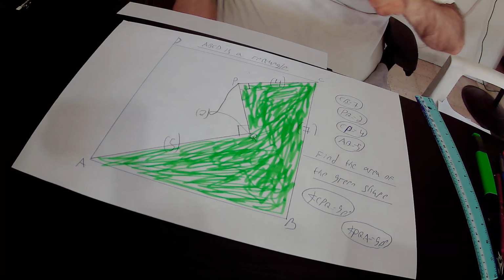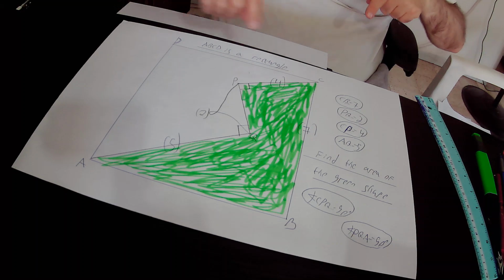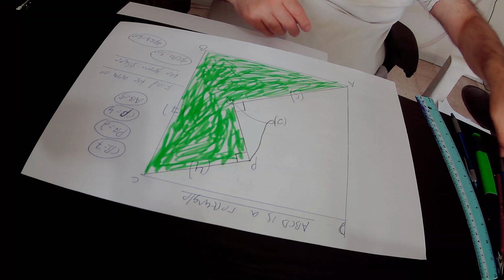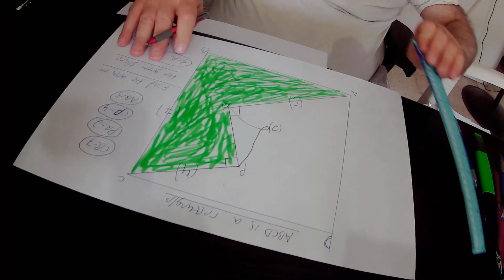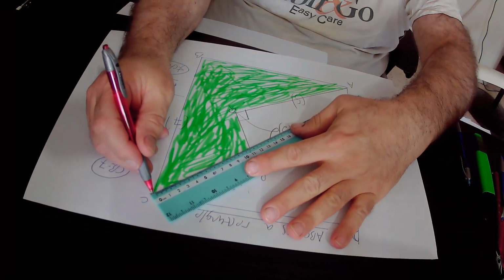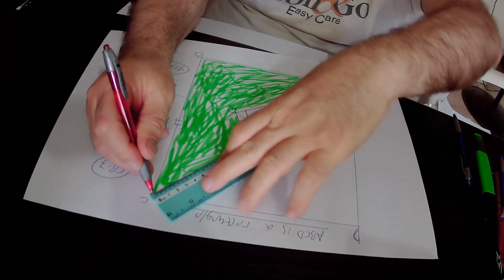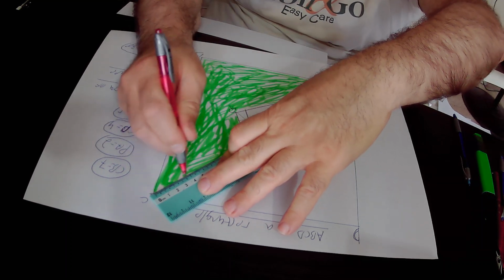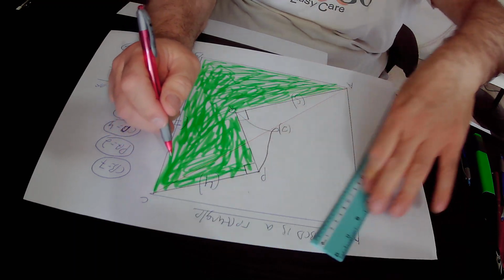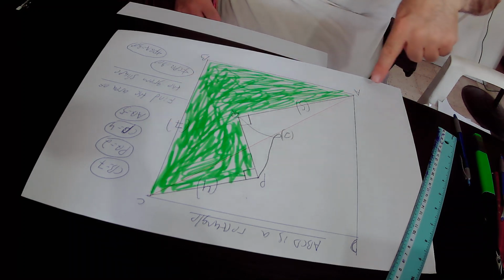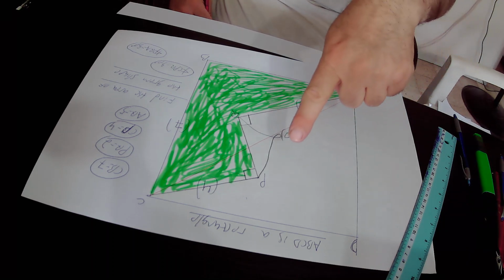So in the first step, we will join points C and A together by a straight line. And we will define the intersection point between diagonal CA of rectangle ABCD and line segment PM.